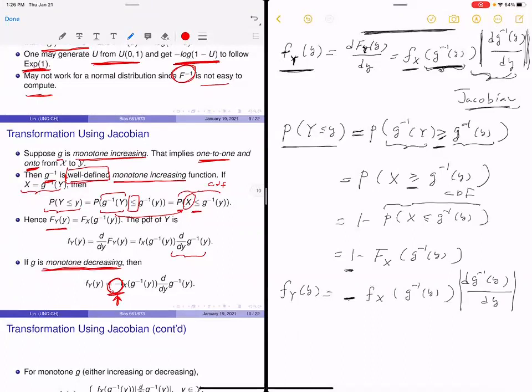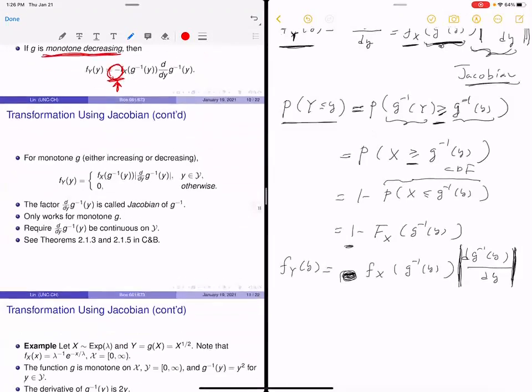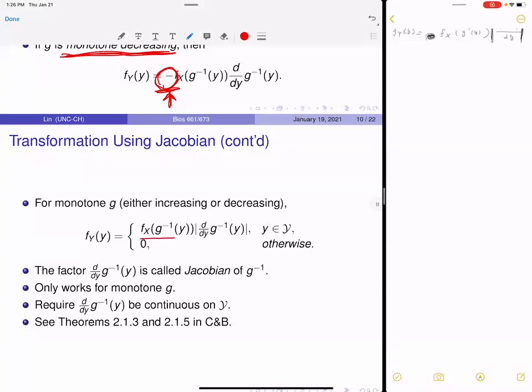So at the end of the day, as long as you put the absolute value on the Jacobian, the minus automatically cancels out and becomes positive. That's the reason why, when working with the Jacobian method, the formal form is this: the new PDF of y is the original PDF of x with the inverse function plugged in, then multiply by the Jacobian, and don't forget the absolute value, regardless of whether G is increasing or decreasing. Okay?